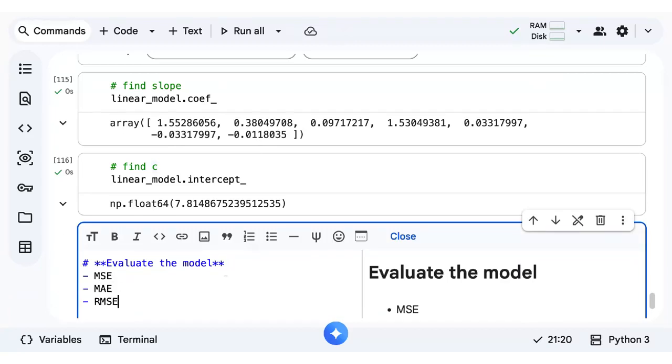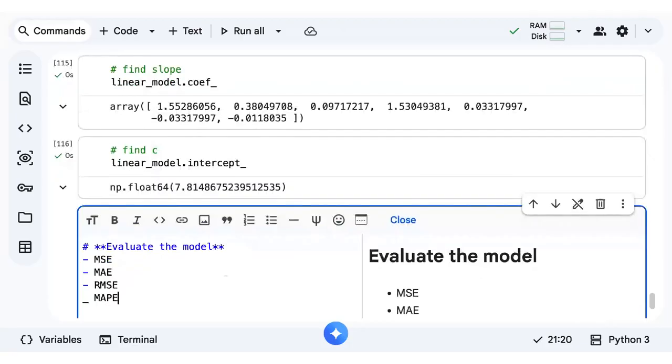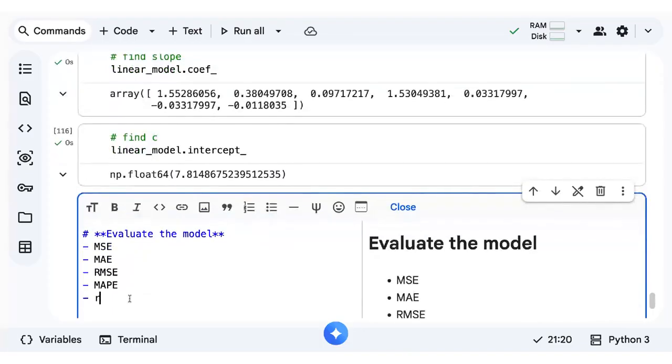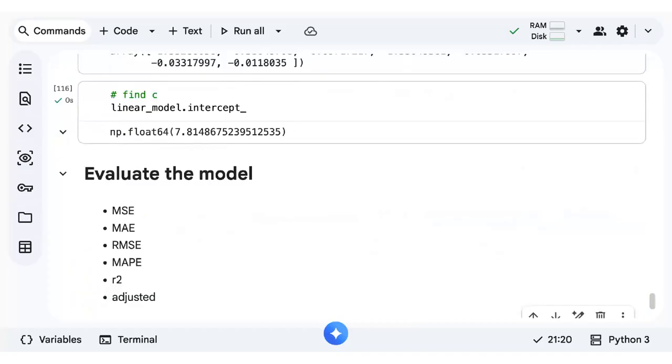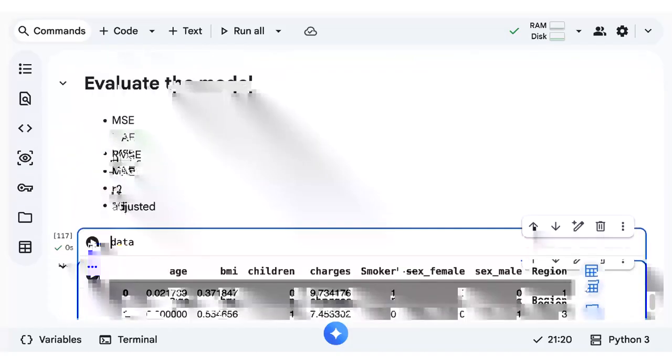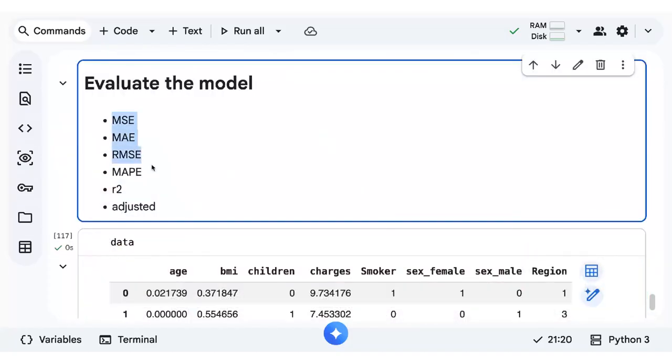RMSE we have, mean absolute percentage error we have, and then we have R2 score, then we have adjusted R2 score. So these 6 metrics, the first 4 help in finding the overall loss. These 2 help in knowing how good your model is. If you evaluate, you are done.